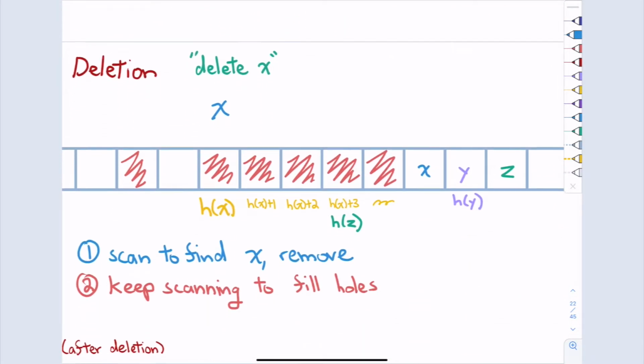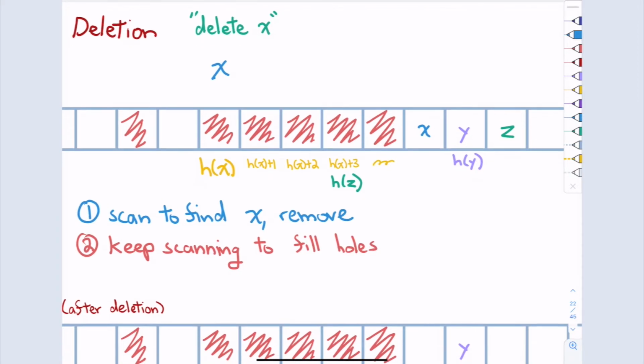If I want to delete an element x, we have to be a little bit more careful. So I want to delete x here. First we go in and scan and look for it, and we find it, and I delete it. But one thing we're going to do after that is fill this hole.